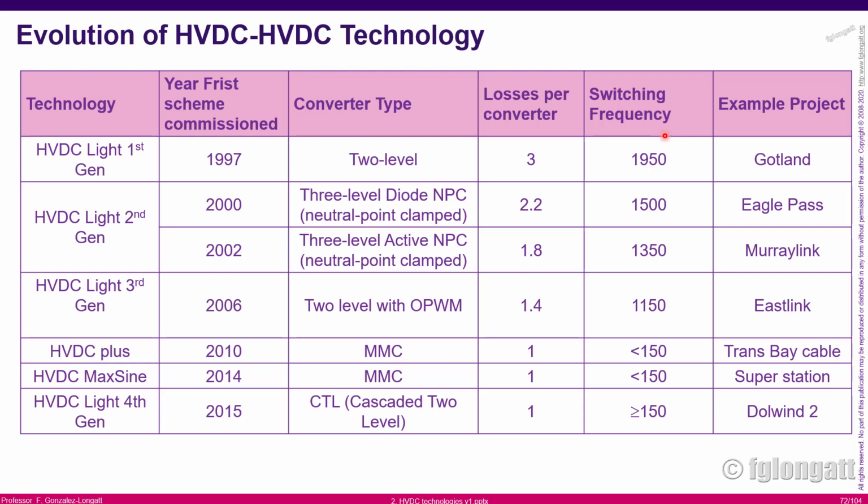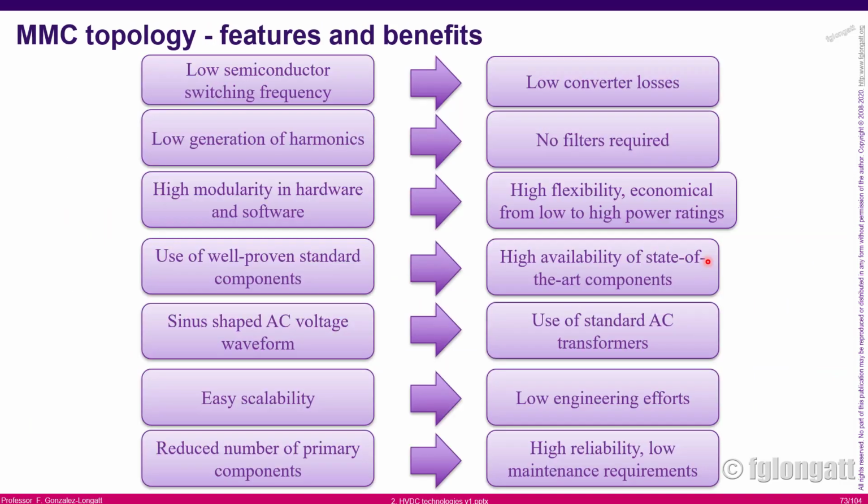There are a few HVDC technologies using voltage source converters around the world, some of them already using modular multi-level converters, okay? As you can see over here, I am including some names, HVDC Plus, coming from one manufacturer, and here are some examples, okay? What are the advantages of using modular multi-level converters?